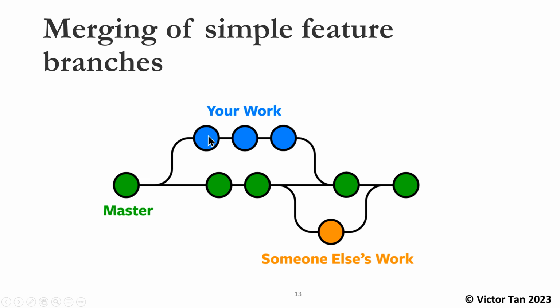The blue circles represent, for example, the commits that are made by you that start from the master branch, and this represents changes that you make to the original code base in order to implement some new feature. So this is possibly all the commits related to your work, and this is possibly commits related to somebody else's work.